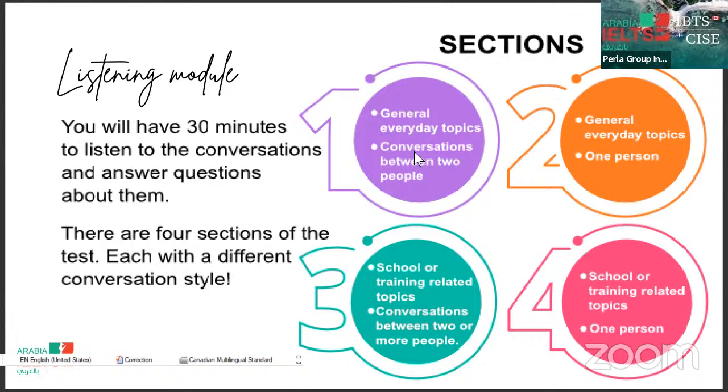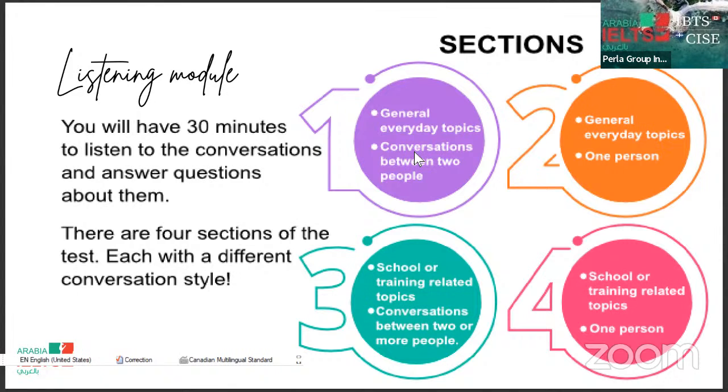The next part, or the next section in the listening module, is the general everyday topic. Again, general, right? This time you will listen to 1 person speaking. The next parts, 3 and 4, are going to be academic. So 3 is going to be a conversation between 2, 3, or 4 people.